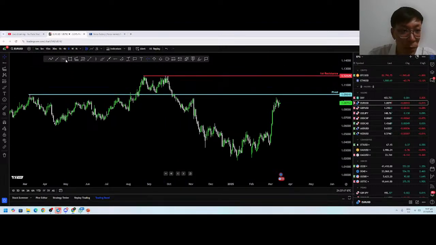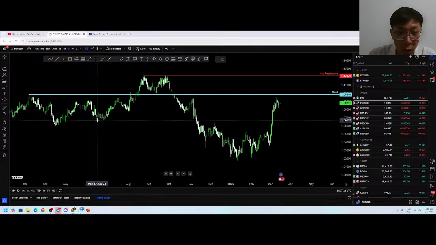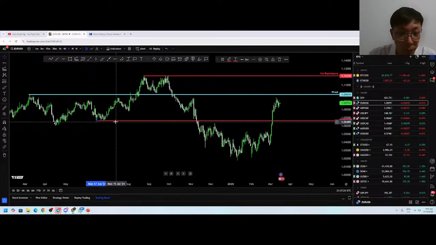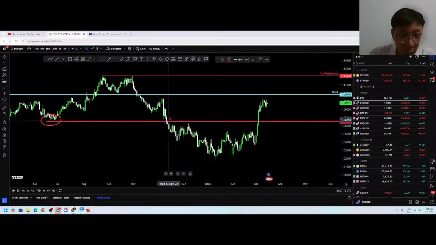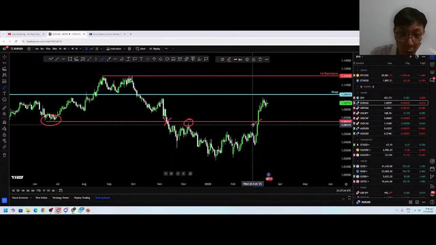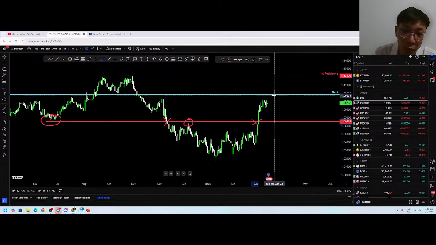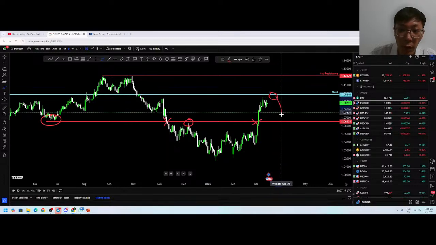Our support, I think it will be pretty far, roughly about this area. This is where price actually had a strong support level on the daily time frame, broke past and almost acted as a resistance. So now break past, what's next? Price could possibly react to our pivot point, come down to this support level.